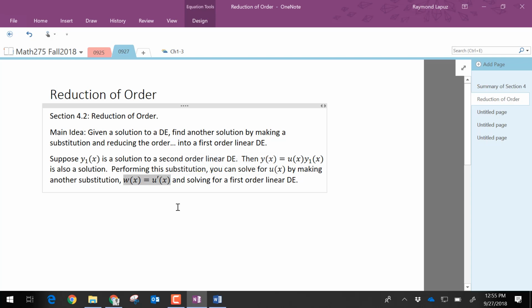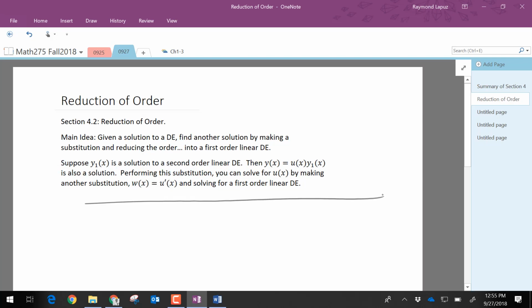And we're going to solve for w. And then from there, we're going to come back and solve for u, and then go all the way back and solve for y. And hopefully we'll have two solutions. Okay, that's the plan. I'll do one example, and then you can try it and see if it works out for you.